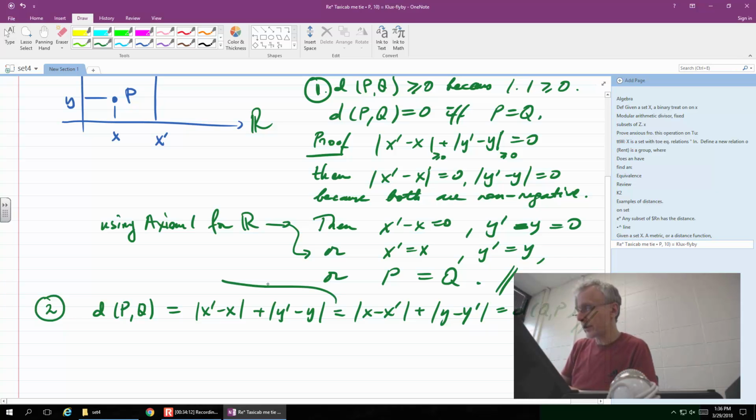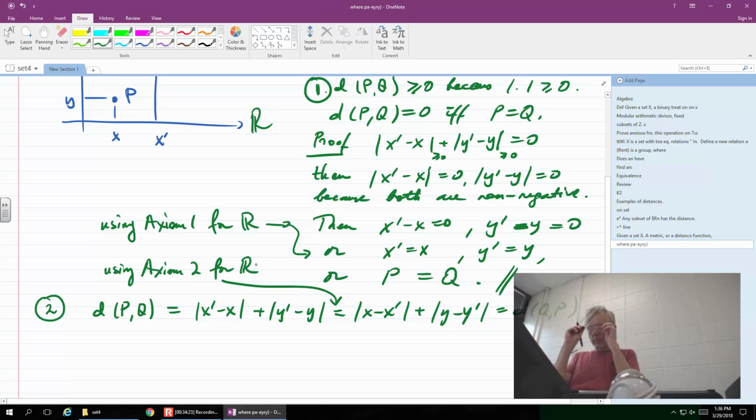And furthermore, just like in the last one, over here we are implicitly using axiom 2 for R. So once again, it's not part of the proof, but it is a comment worth making.